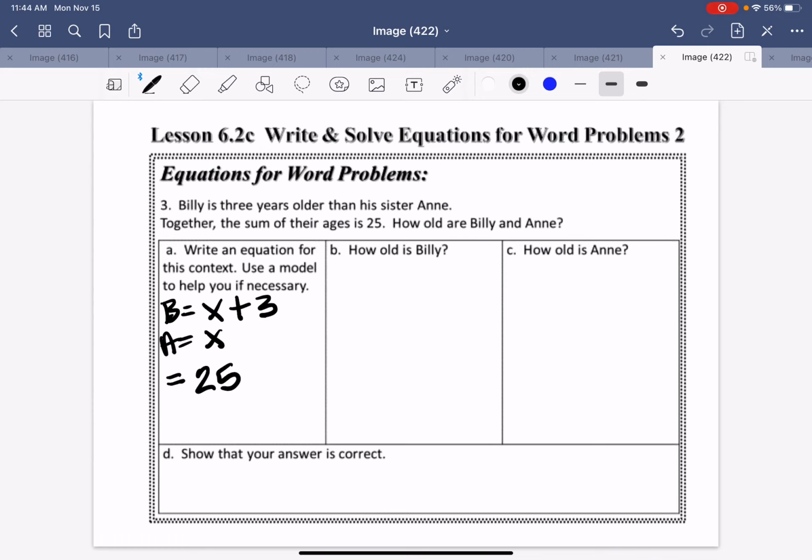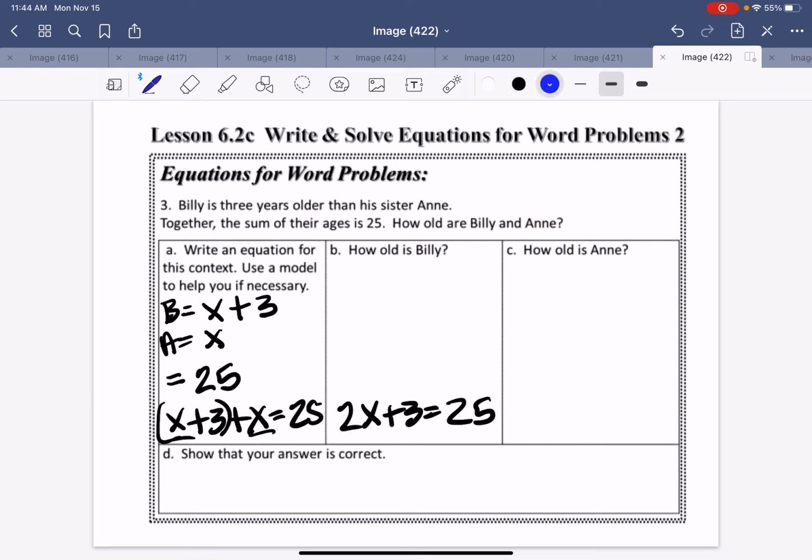So we can write an equation, something like x plus 3 plus x, and we're going to keep the x plus 3 together, equals 25. Then we can combine some things. I have 2 x's, so I can say 2x plus 3 equals 25.